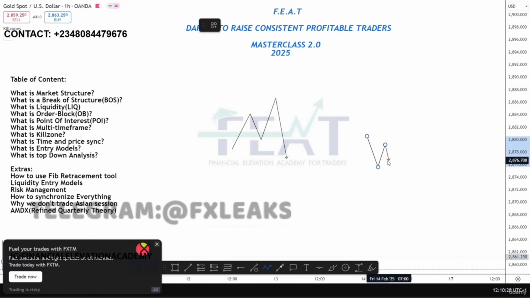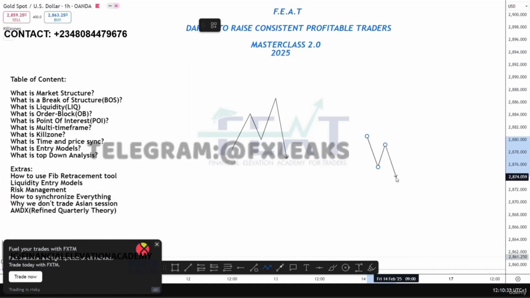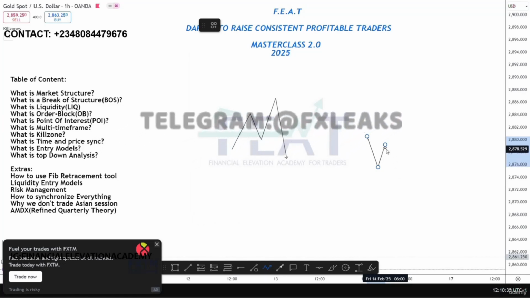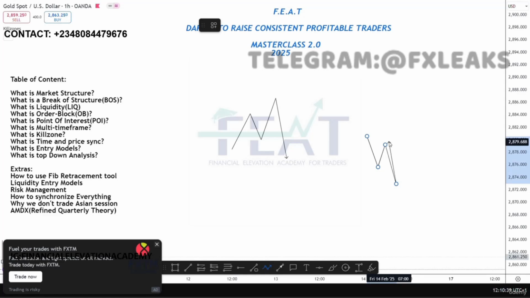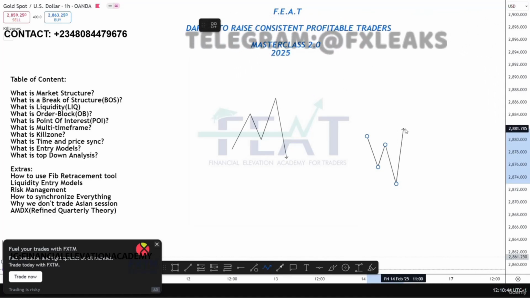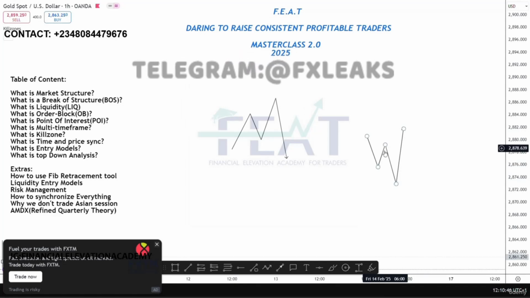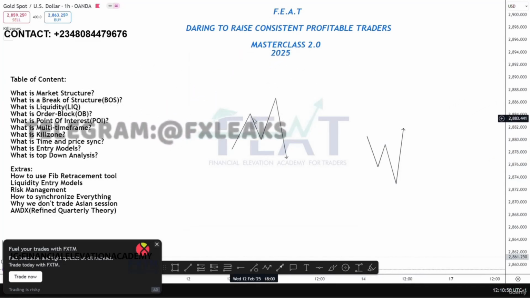This is like an existing sell structure playing out, a high creating a lower low, and normally we should respect it and then continue down, but no, it disrespects it and does this. So this right here is a bullish break of structure move and this is a bearish break of structure move.